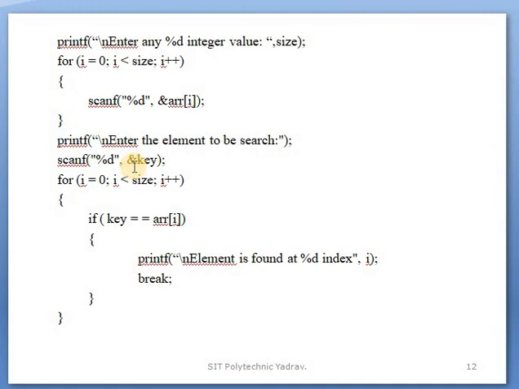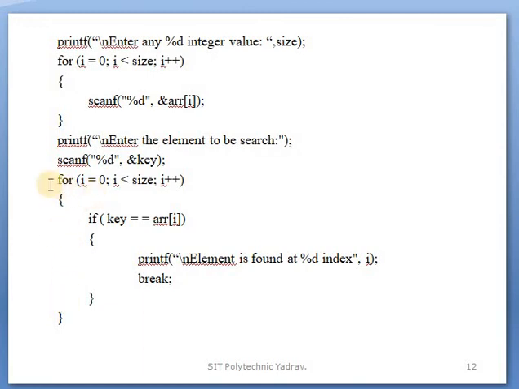Again, I use the address operator because the value given by the user must be stored at the address of the variable key, so we take the ampersand. After that, the for loop is where the actual comparison is done.